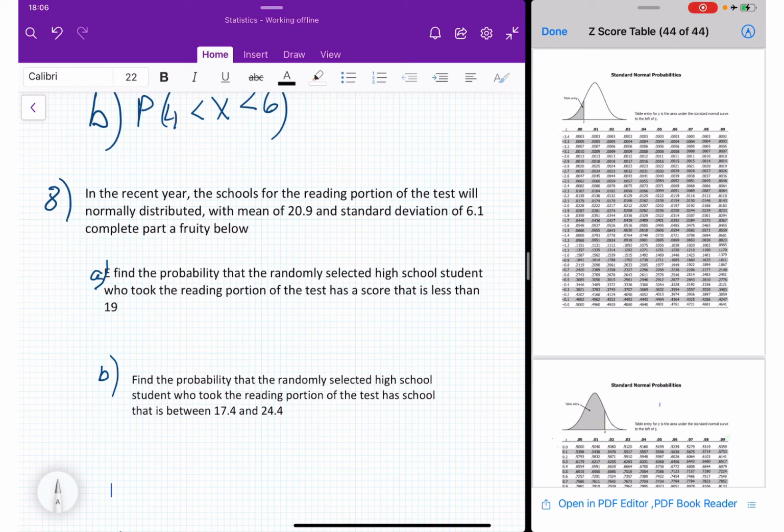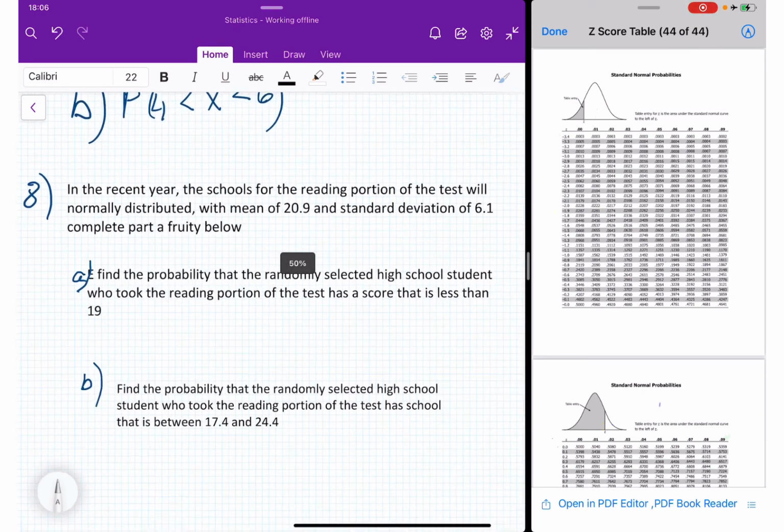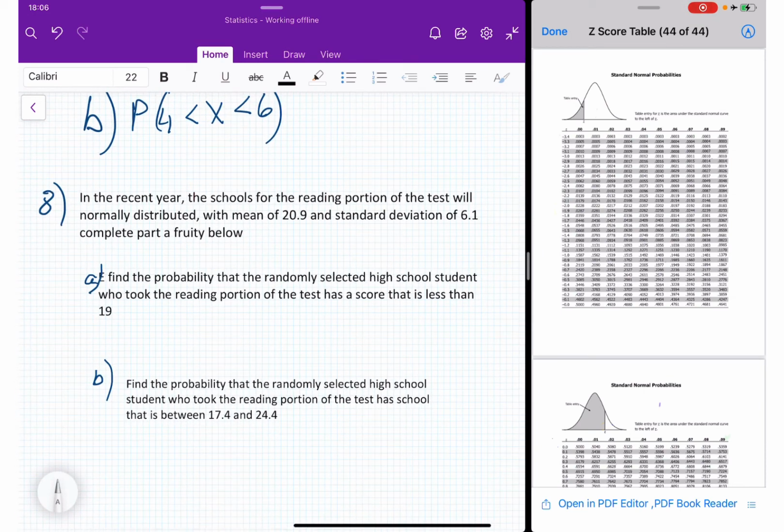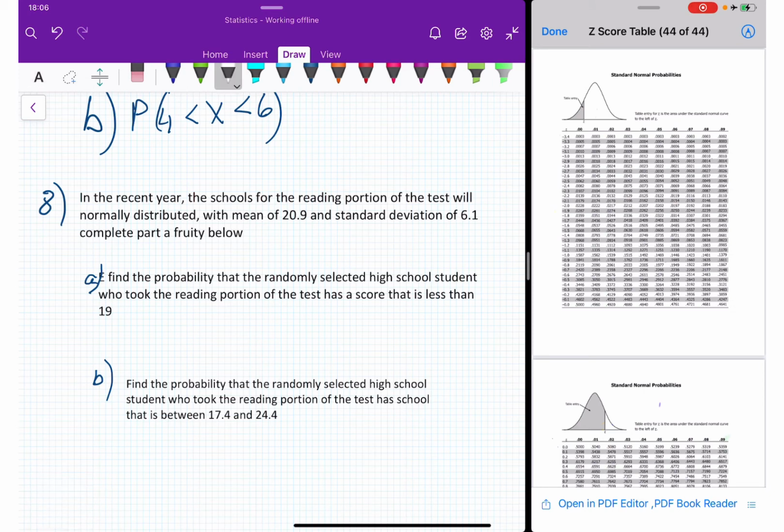Question number 8. In the recent year, the score for the reading portion of the test is normally distributed. Let me fix it. It's normally distributed with mean 20.9 and standard deviation of 6.1.